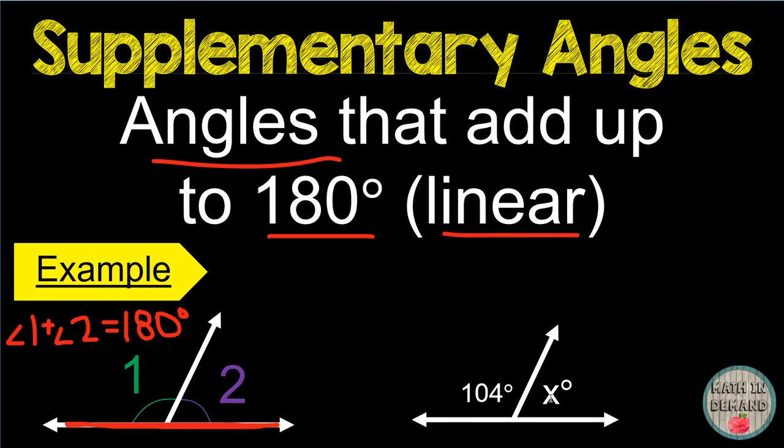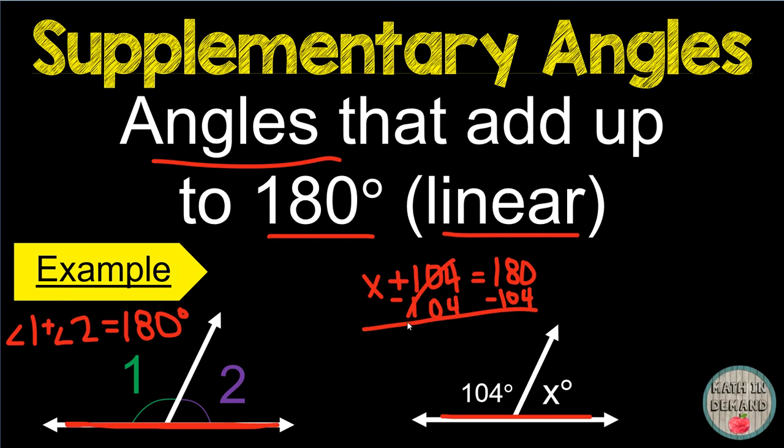Here I see I have x and I also have 104 degrees. So I'm going to write an equation: x plus 104 equals, since they form a straight line, 180 degrees. This is a one-step equation. I can solve it by subtracting 104 on both sides. So minus 104.